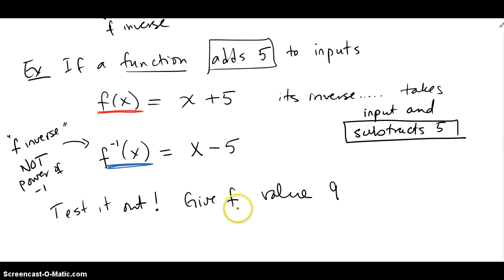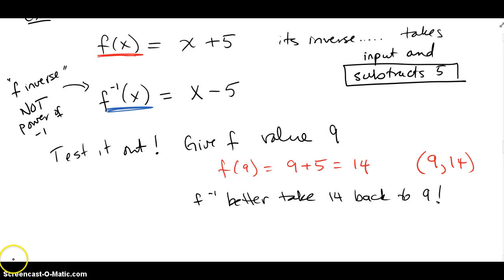Let's quickly test it out. Let's give the function f a value of 9. So f of 9 is going to be the input plus 5, which is going to give me 14. So I gave it 9 and the output was 14. That's the ordered pair that was created. Now if these two functions are really inverses of each other and undo each other, when I give f inverse 14, it better take it back to 9.